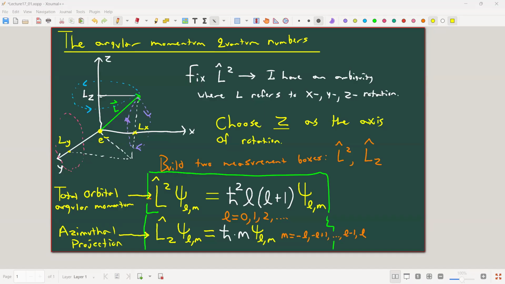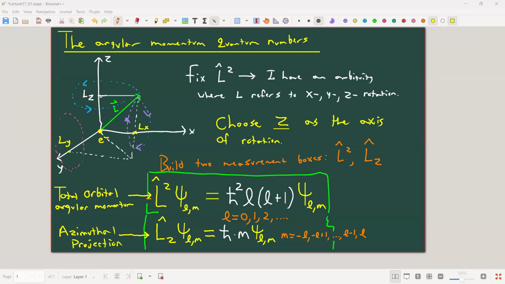The idea is the electron is orbiting our proton, and we're looking for these stable orbits at a fixed radius right now. What we saw was that even at a fixed radius, there are lots of different choices for the angular momentum.